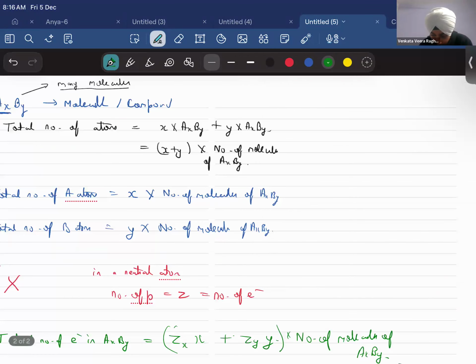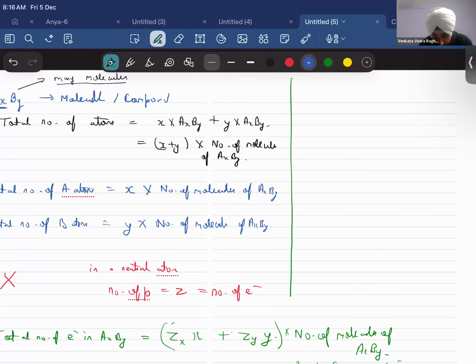Then, if you understood this part as well, a quick question to you guys from my side: calculate the number of electrons in 9.8 grams of H2SO4. Can you do it?